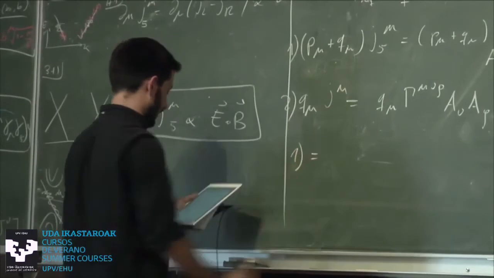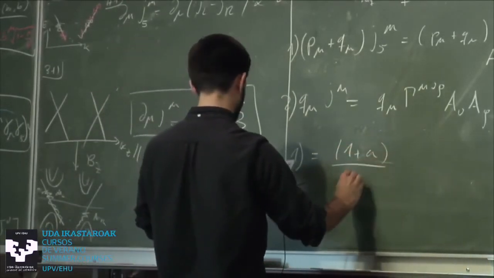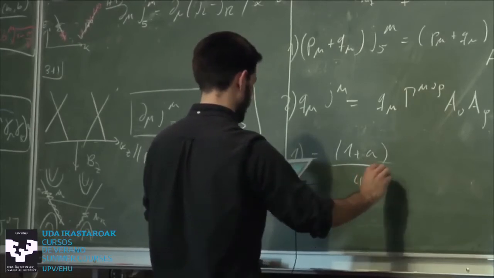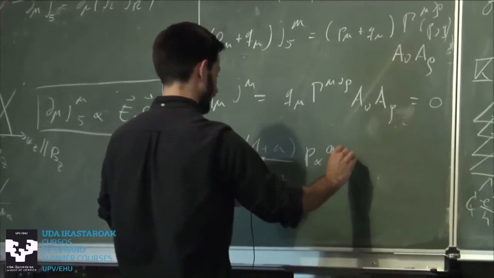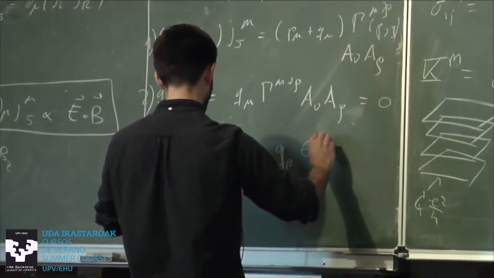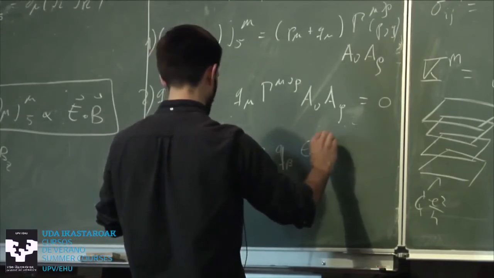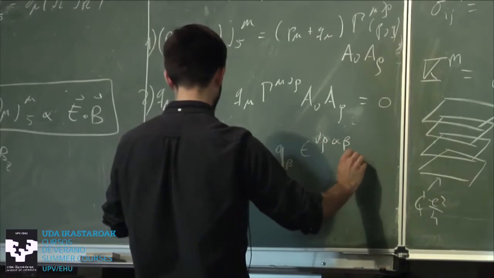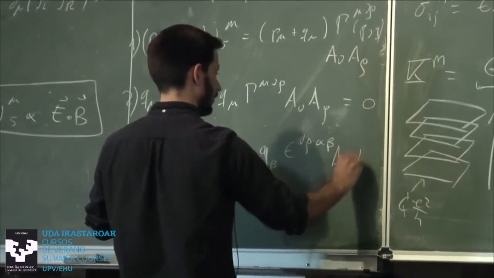Equation 1 is equal to 1 plus A, 4 pi squared, P alpha Q beta epsilon mu nu rho alpha beta, A mu A rho.